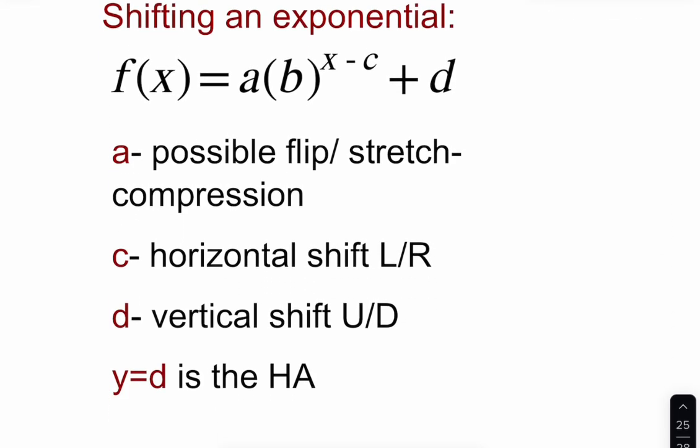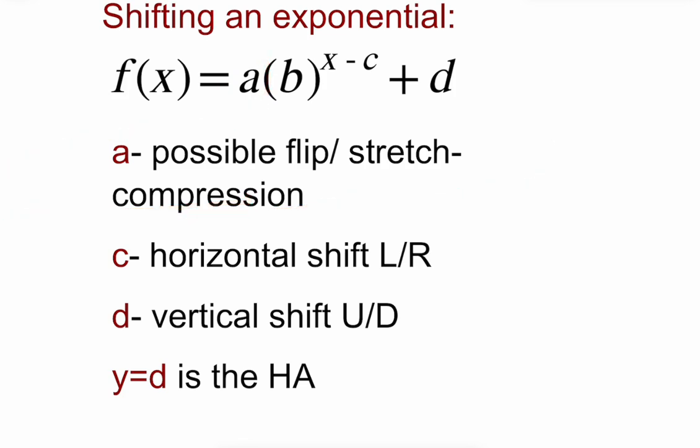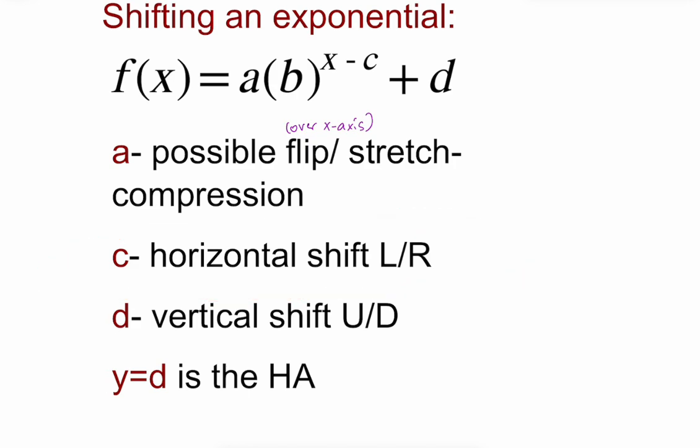So, just a summary. What the A is going to do, it might compress it, stretch it, or possibly flip it. And when I say flip it, I'm saying over the x-axis. The C is going to shift it horizontally, left and right.